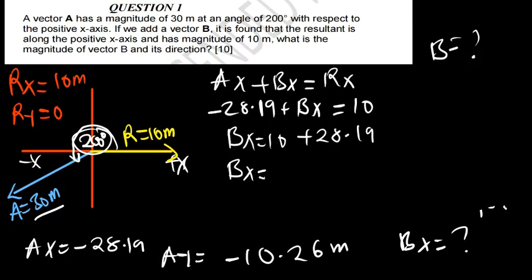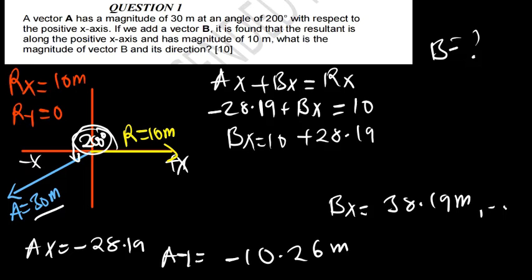So I'm getting 38.19 meters. That is the x component of my vector b. Let me put it there.